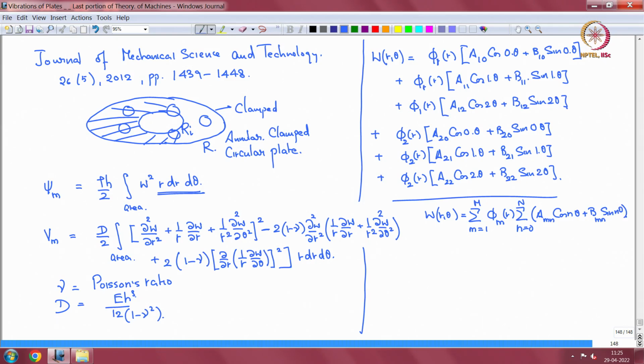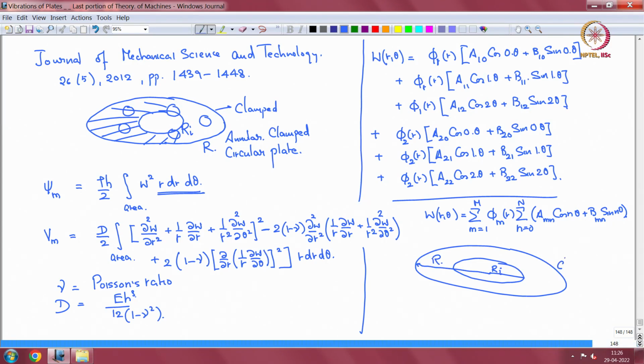So, we are interested in a circular plate with a hole at the center. So, this is Ri and this is R. Okay. That is the configuration.